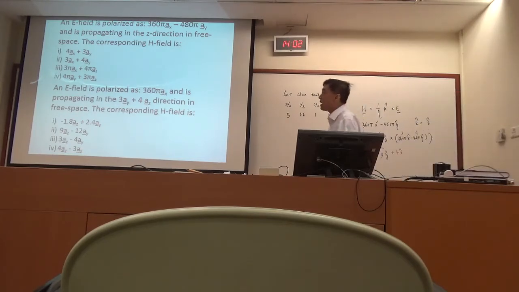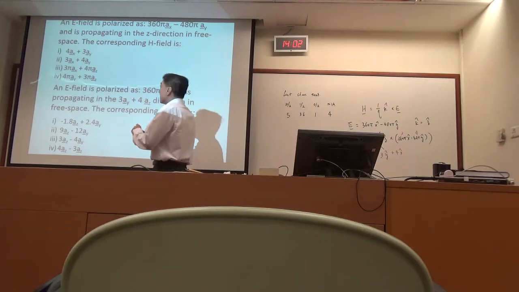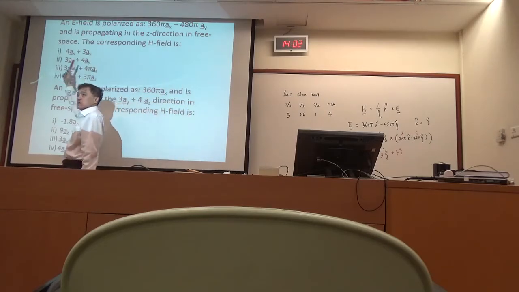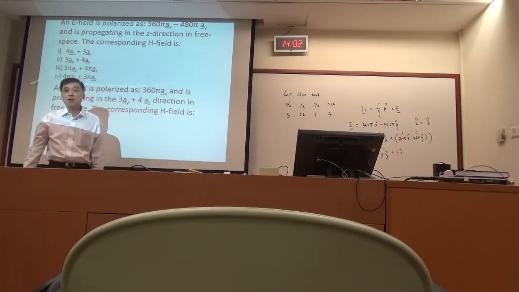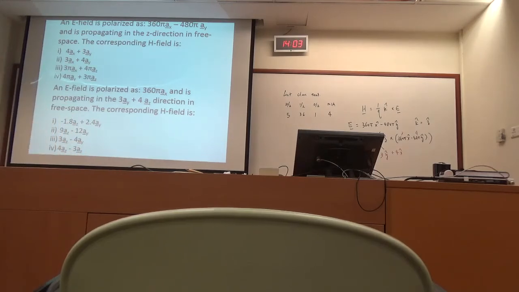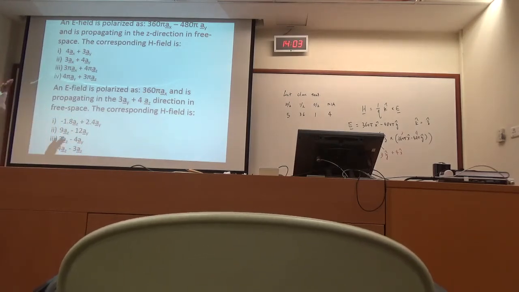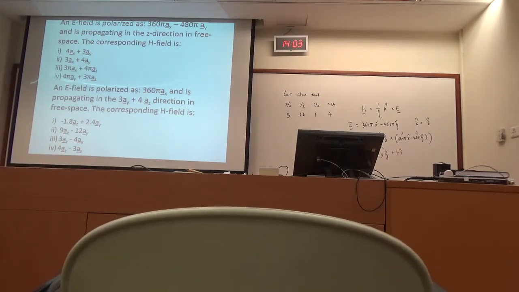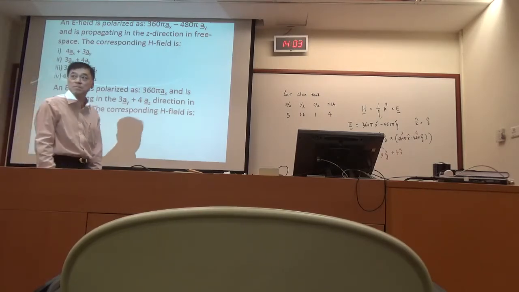So it's 3y plus 4x. I think most of you got it correctly. Basically you just make use of that simple equation. You write down E, you write down K, and then H is equal to 1 over zeta, K cross E.